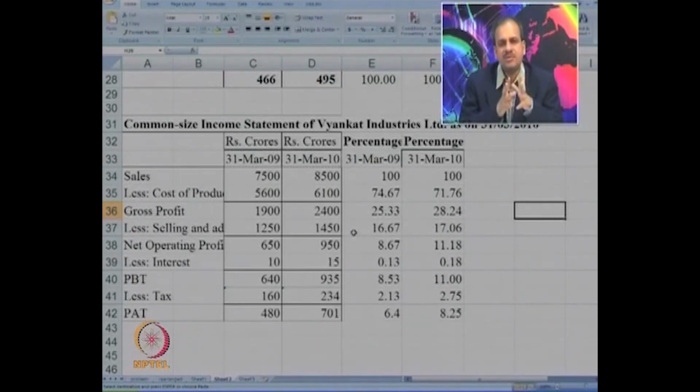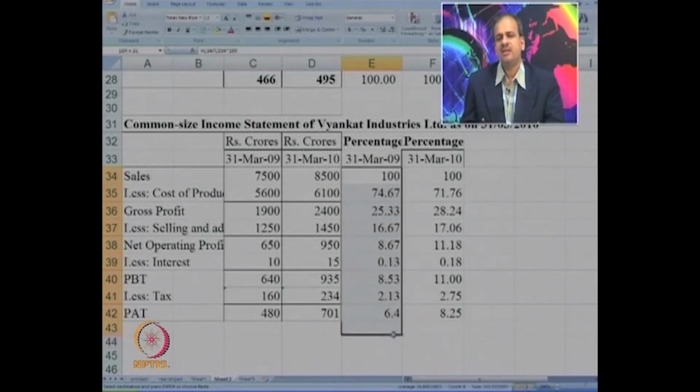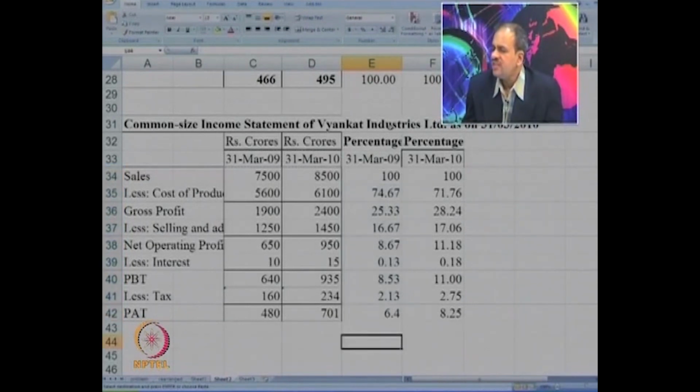From the same income statement you get some other insight, because you were able to see the cost of production, GP and other information, but now you have a view where you know how much of the percentage of sales is your cost of production, how much percentage is your gross profit and so on. So, you can see here that cost of production is your major expense.